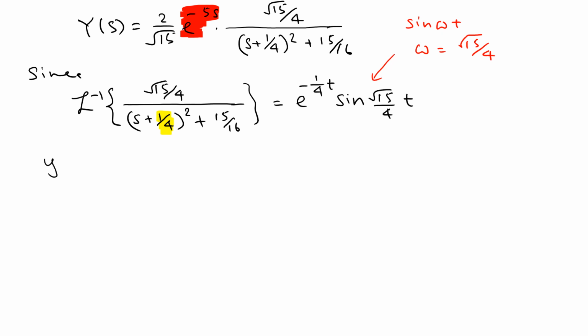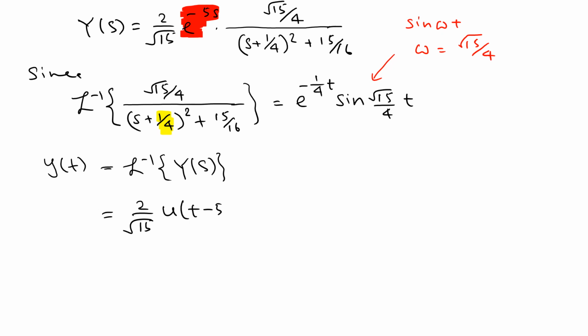So y(t), which is simply the inverse Laplace transform of the Y(s) function. The only thing we have to do is shift t by t minus 5. So we have 2 over square root 15, and then you have the unit step function u(t minus 5).